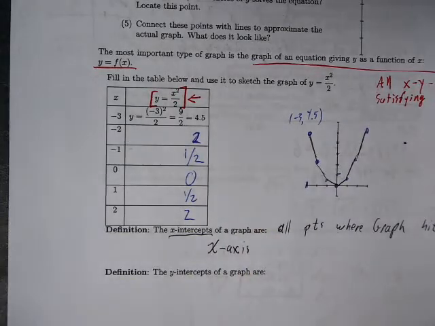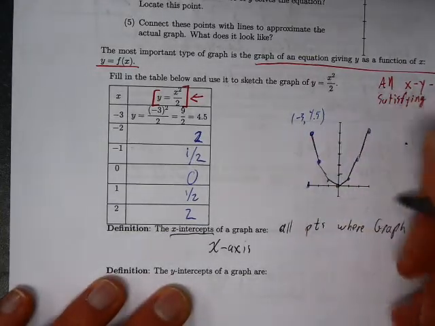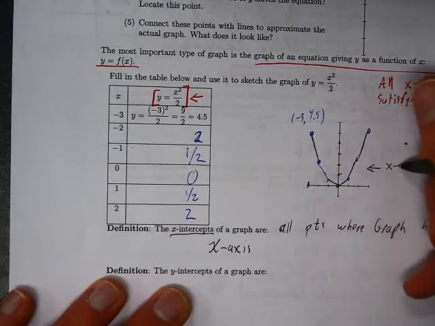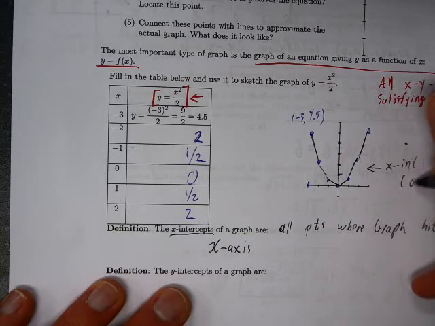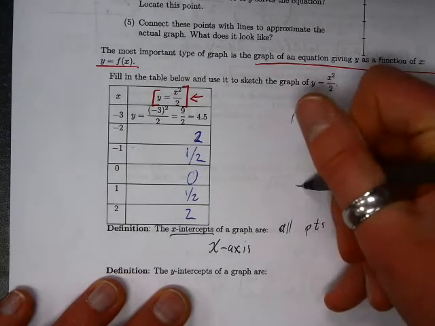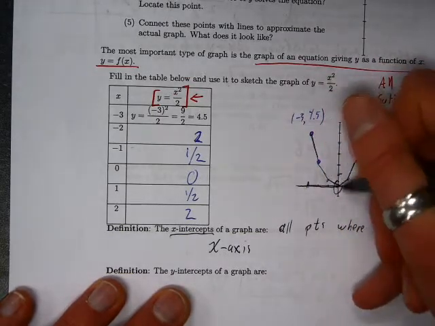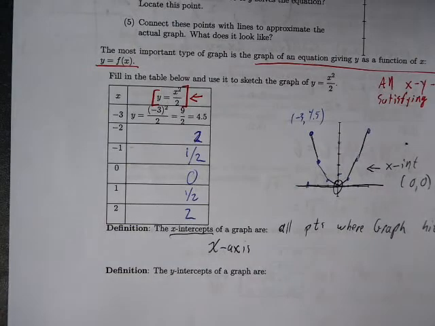That seems like a reasonable name. So in the example that we just did, what does it look like the x-intercept of that graph is? (0, 0). And so you draw the x-axis, and you say, oh yeah, there's the only point where it hits the x-axis.